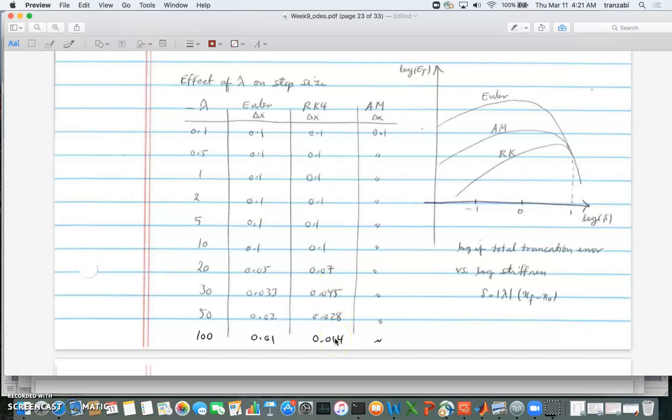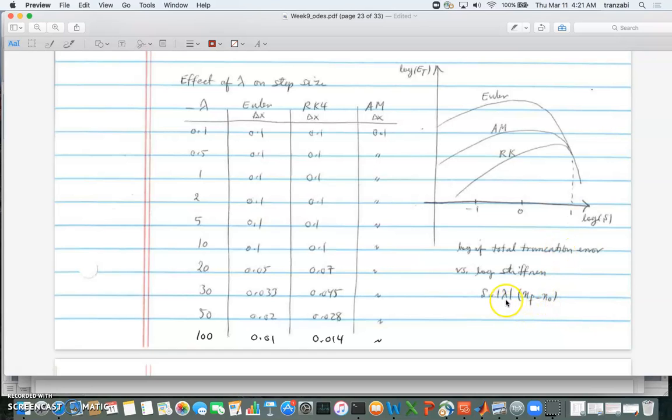However, for Adams-Moulton, because this is an implicit method, we do not have any requirement for delta x. We can keep delta x as 0.1 throughout. So there is no change in delta x here. Now I'm going to plot the log of the error against the log of stiffness.